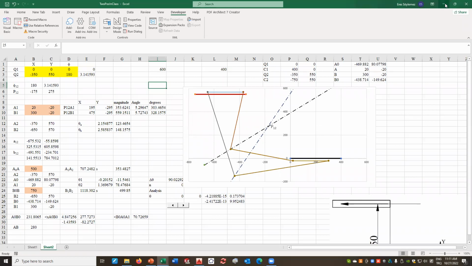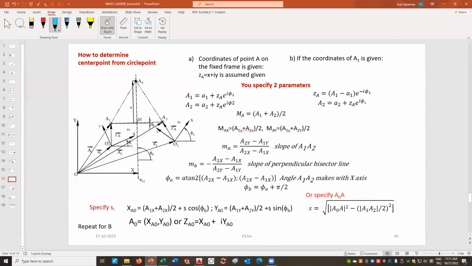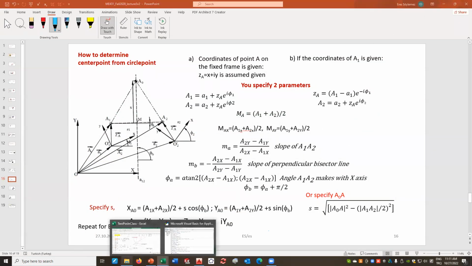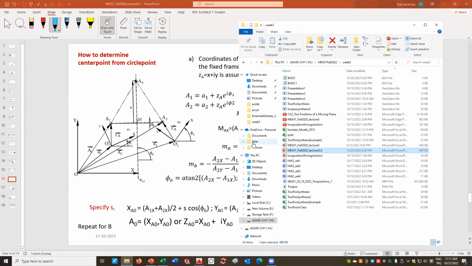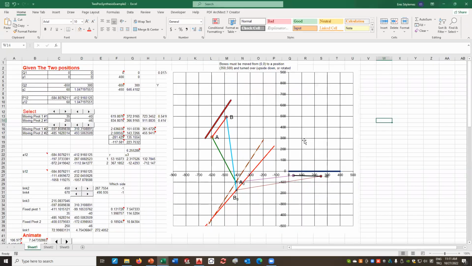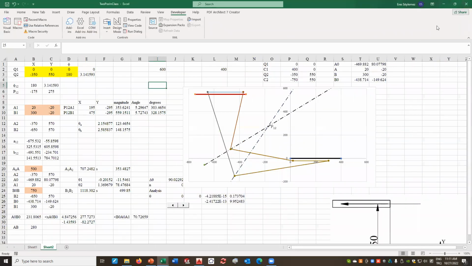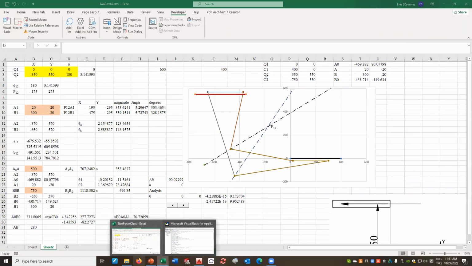I will show you the same thing. I hope I can find it. I think it's this one. No, it's a different solution. For 180 degrees, I have this solution.